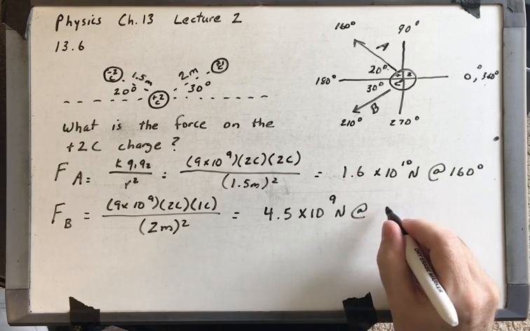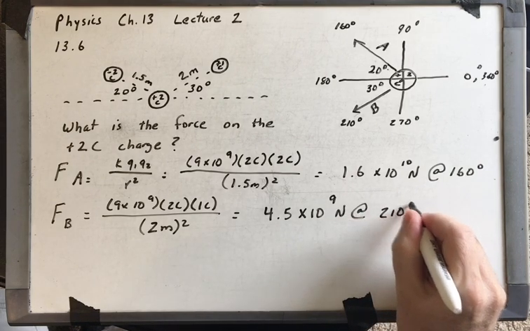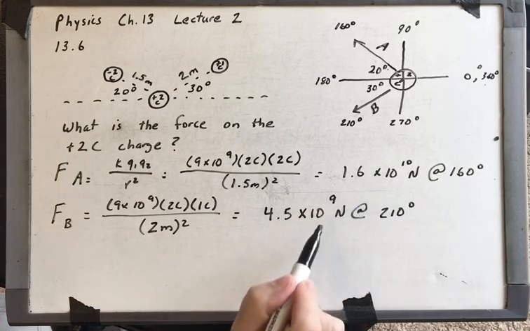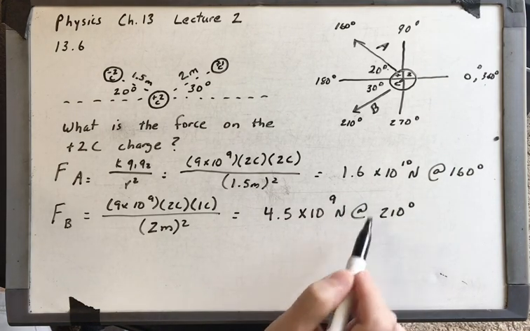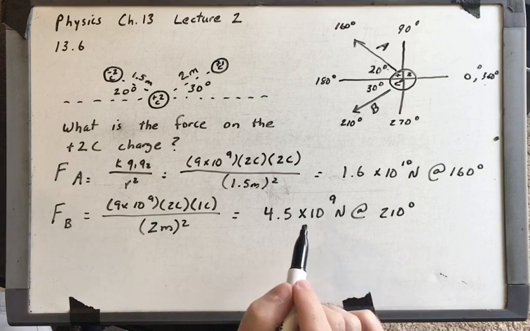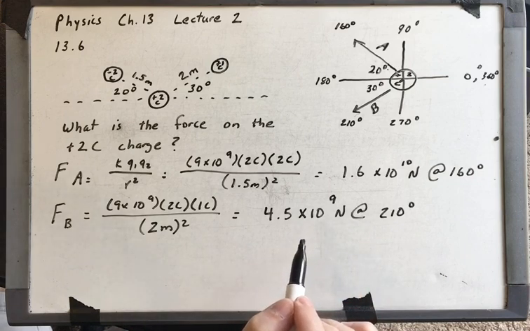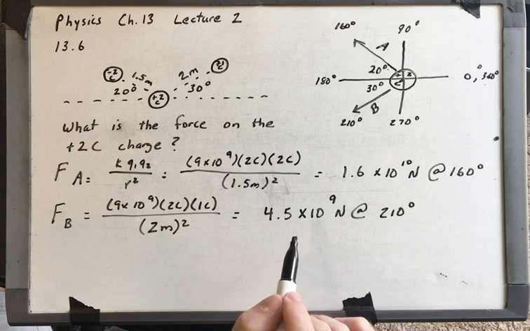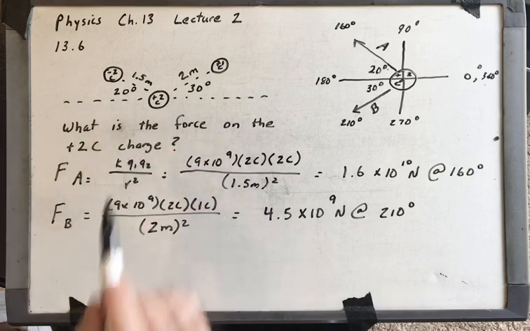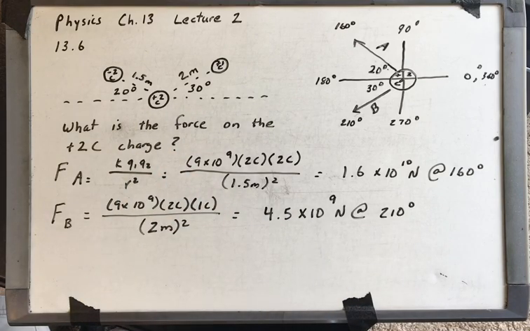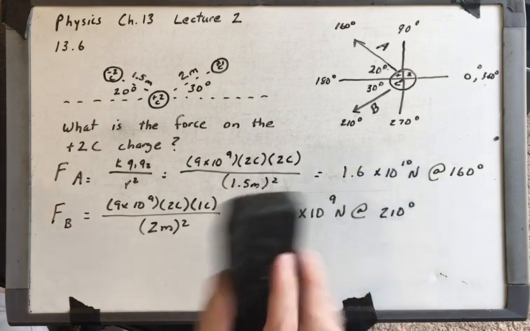And that's at 210 degrees. So we're going to start with those two numbers and those two angles, and then figure out the x and y components of each in order to get the magnitude and direction of the total force on the plus 2 Coulomb charge. Okay, I don't have enough room on my board to keep going. So I'm going to erase; if you want to pause, we'll start with just those two numbers and do the rest.